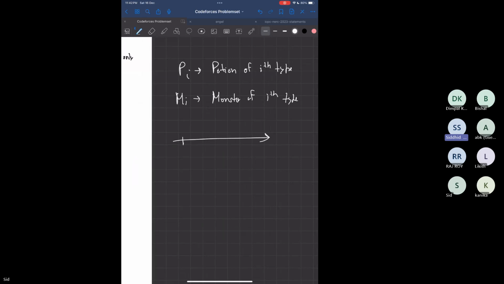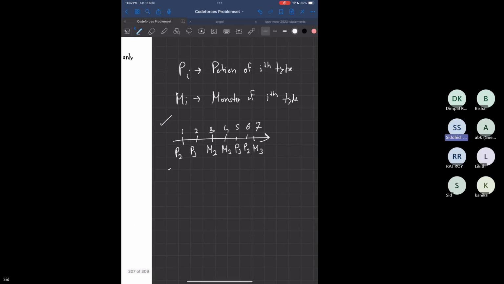Let's say these are times or the number of events. Suppose we get P2, here we get P3, here we get M2, here we get M3, here we get P3, and another P2 here, and here we get monster 3. Let's suppose this is an example test case.